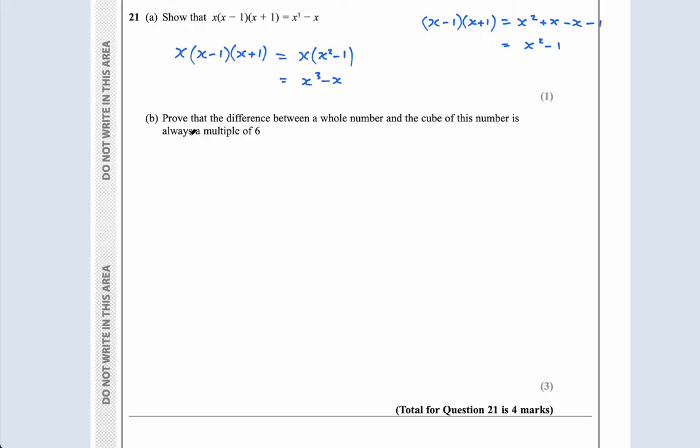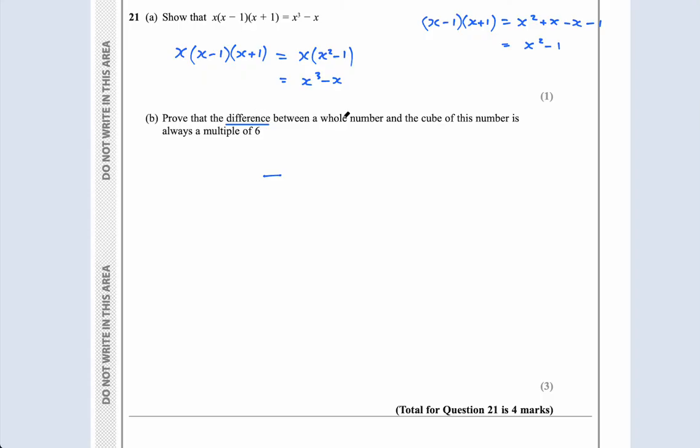Okay, so this, guys, is a follow-on from this question. This question says x cubed minus x. Well, x cubed minus x is like a number. The difference, so that's subtract. When you see difference, that's what it means. The difference between 10 and 2 is 10 minus 2, which is 8.